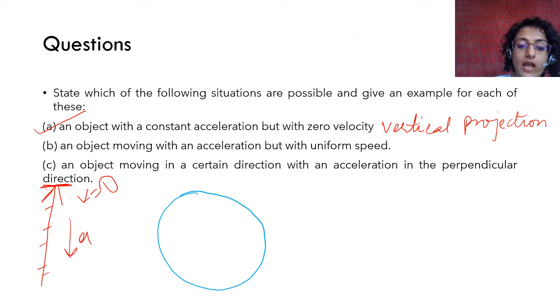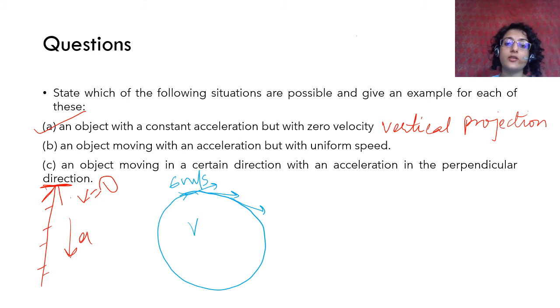So at every single point the speed remains the same. For example, it is moving at 6 meter per second constantly at that speed, but since it is constantly changing direction, the velocity is also constantly changing, and it means that the motion is accelerated motion.